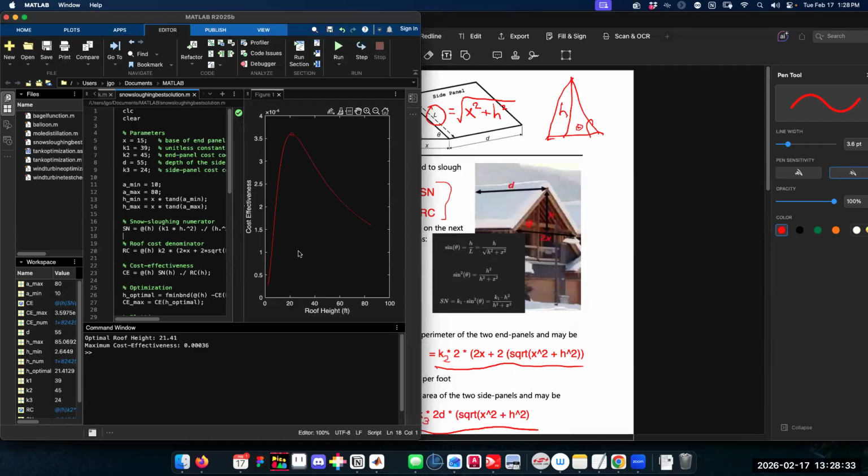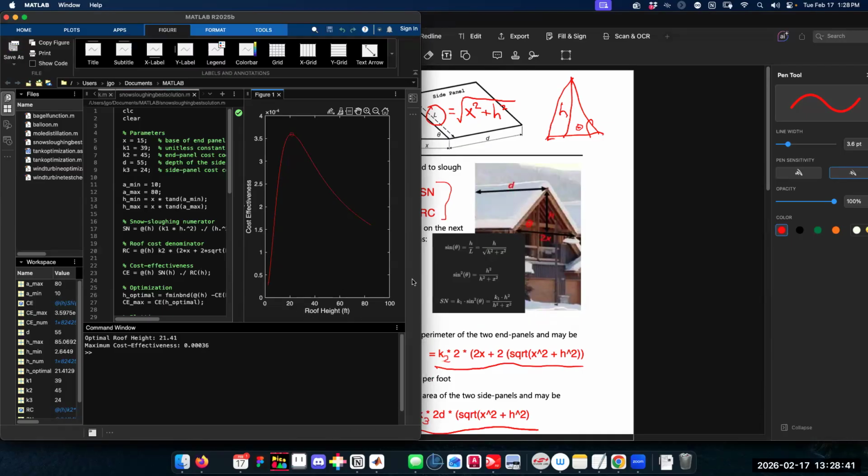You'll eventually have to plot this and figure out what to do with the graph. On the x-axis we have roof height, which ranges from 10 degrees to 80 degrees here. It changes the h, which we found from that h equation.